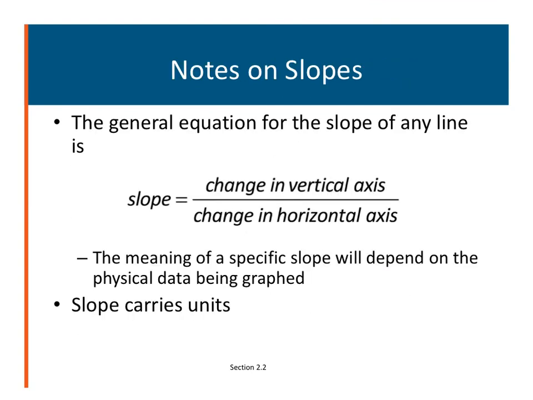So we use this general equation to say the change in the vertical axis, which in a position versus time graph is going to be delta x, over the change in the horizontal axis, which is delta t, and that is our average velocity. And keep in mind, slope carries units. It's the vertical axis units divided by the horizontal axis units. So if we have meters and seconds, it'll be meters divided by seconds.